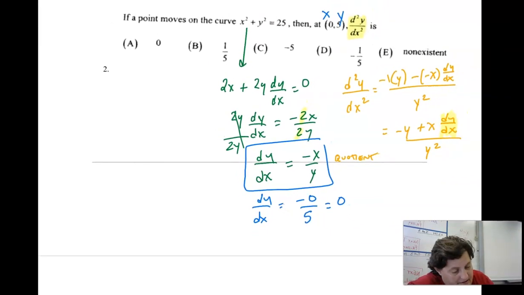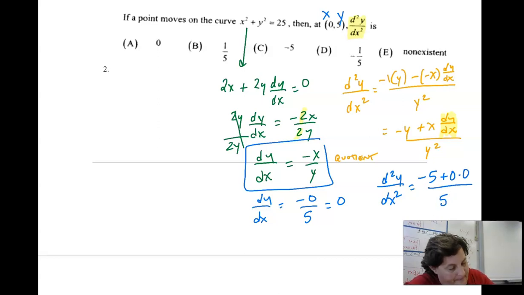So now I'll go ahead and figure out what d2y/dx2 is when I evaluate. So it'll be negative 5, because that's what y was. X was 0. dy/dx was 0, over 5 squared. Okay, so it's negative 5 over 25, or negative 1/5. All right, so there's my answer for that one.